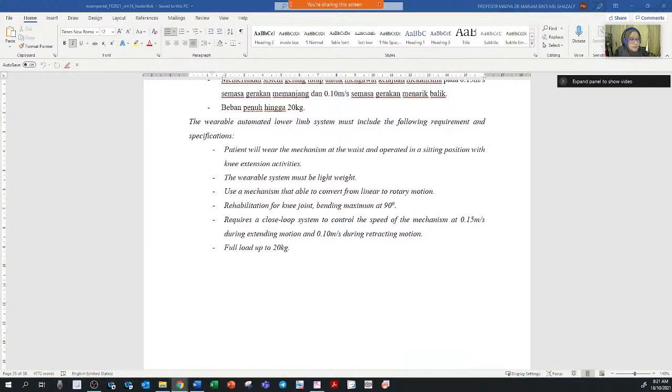Number 3 is to use a mechanism that is able to convert from linear to rotary motion. Later I will explain. Next is rehabilitation for the knee joint, bending maximum at 90 degrees. If you look at some of these statements, it is a combination of multiple chapters.